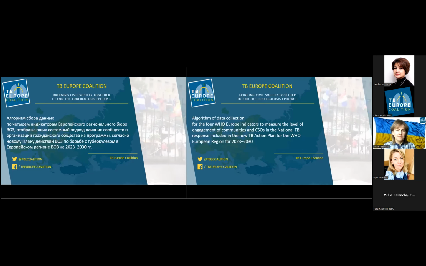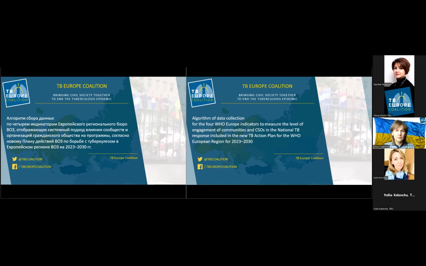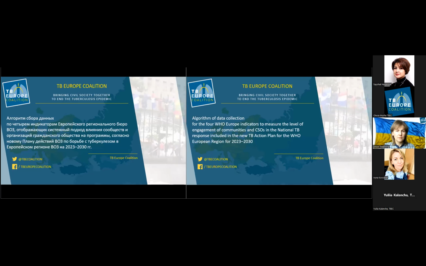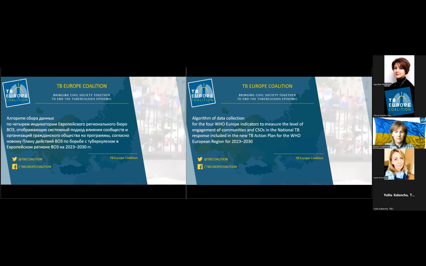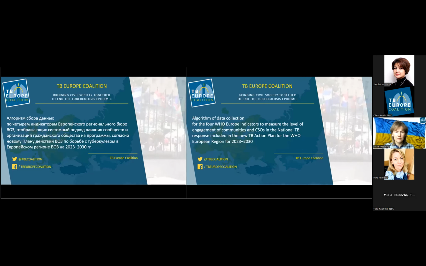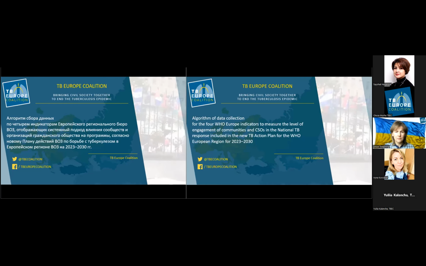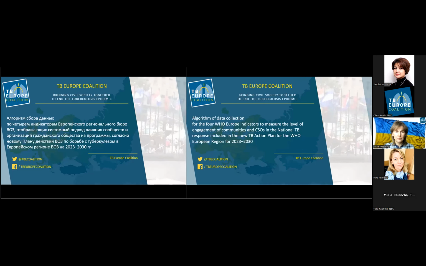And I would like to thank the WHO and TB Europe Coalition, and our partner countries that participated in all our discussions. I would like to specify, we had several discussions with the participation of international partners, WHO and the Secretariat of the National Program, and representatives of our organizations, Alliance for Public Health and Network and TB People Ukraine, and other NGOs that work in this area directly.